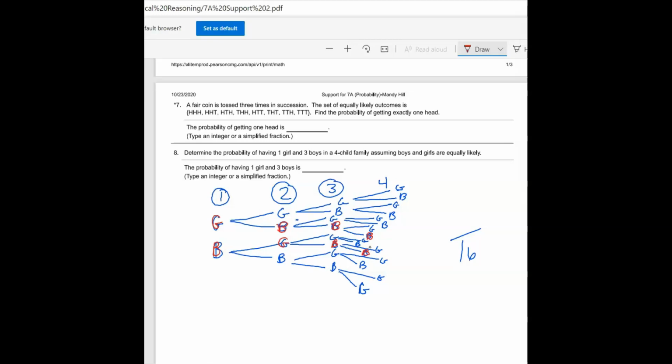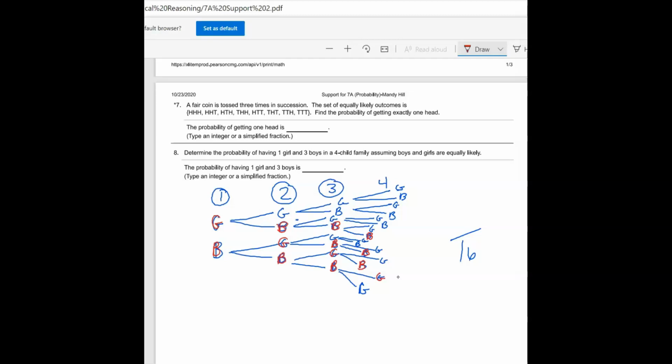So there's another one that works. Boy, boy, girl, girl. There's two girls there, so no. Boy, boy, girl, boy. That one would also work. This little chain, because this is only one girl. Boy, boy, boy, girl. That one works.